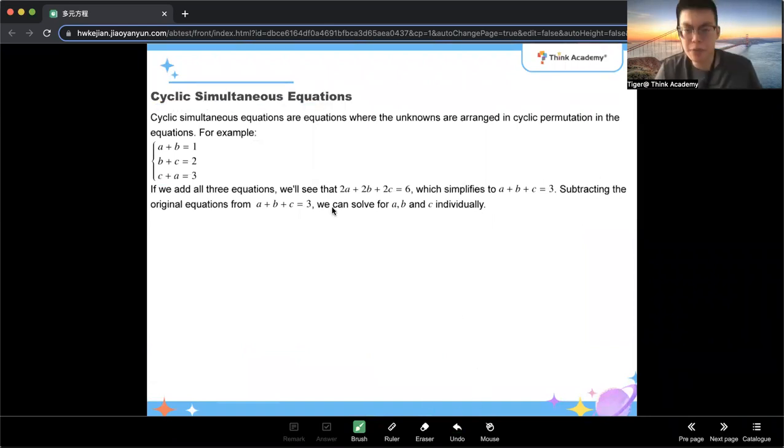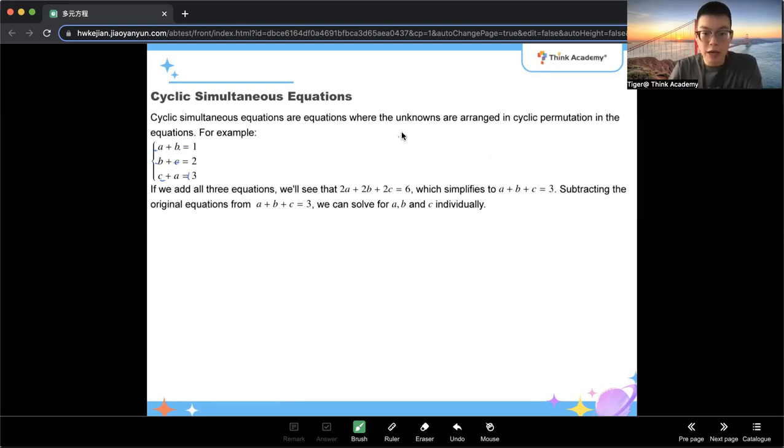This might be something that you have seen many times already, and I suppose that most of you might know this method. It means that when the equations have unknowns that are arranged in cyclic permutation, for example, A and B, B and C, C and A, that's the cyclic permutation.